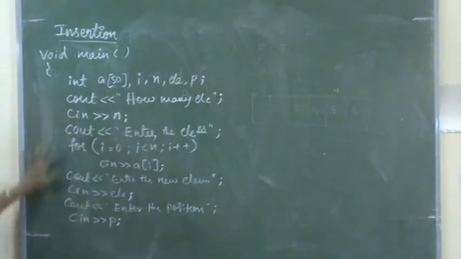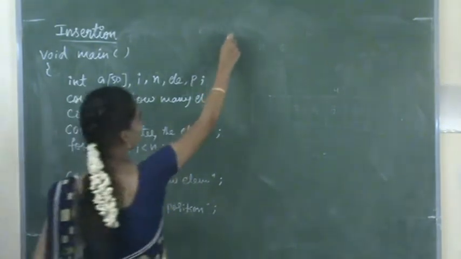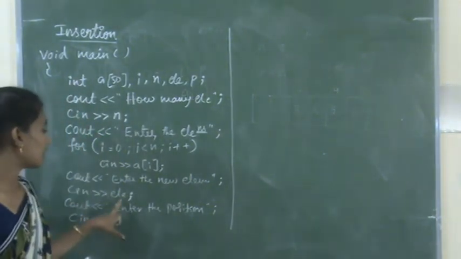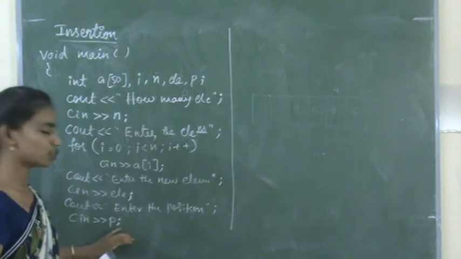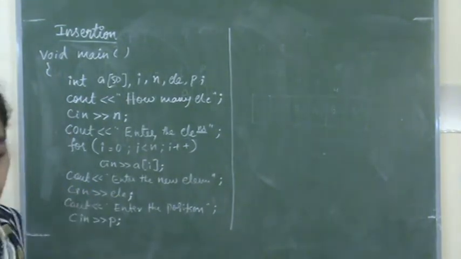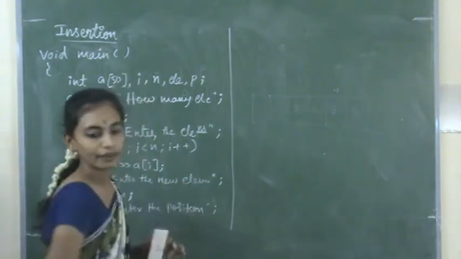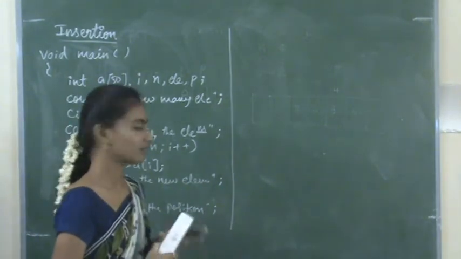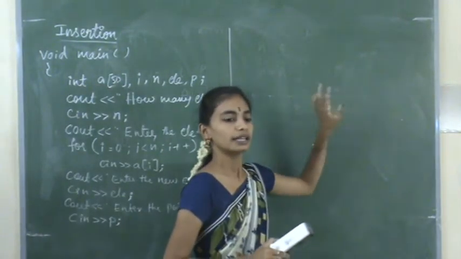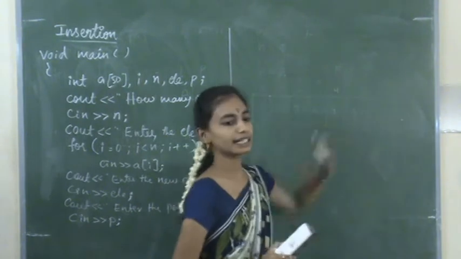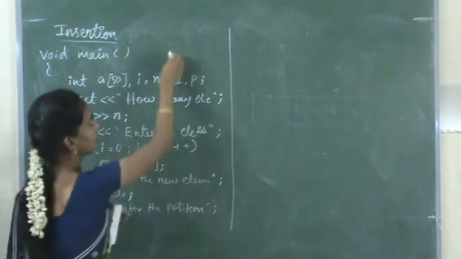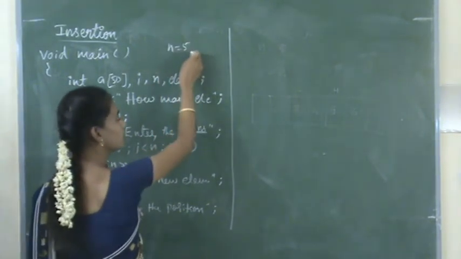So now I provided all the input required for this array, right? So I inserted all the elements, and this is the new element to be inserted and the position where it is to be inserted, right? So now I need to apply that formula, but before that we have to provide the condition. Why? Because suppose n value is 5.